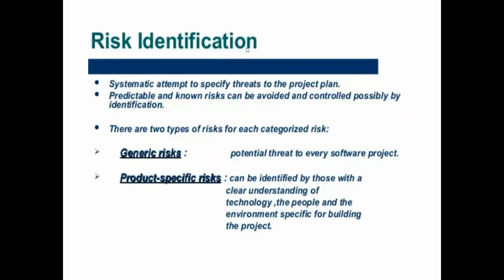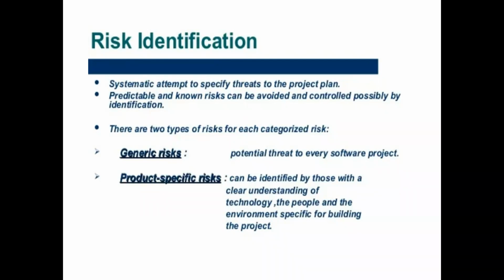Now, risk identification. This is the first step you should do when you are doing risk management. This is the first step whenever you are starting the risk management phase. What is the task? That is called risk identification. You can understand that term: you have to identify the risk that will happen.